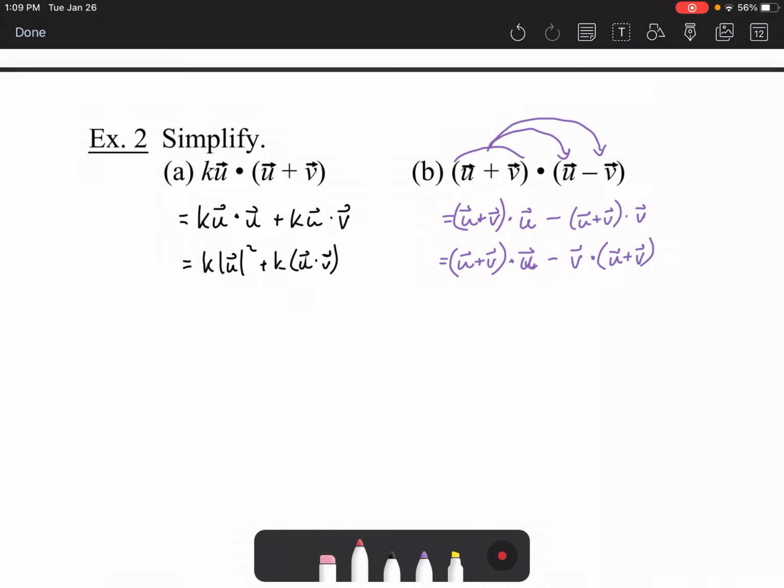From here I can distribute again. Gonna do the same thing here, sorry. So we can get u dot u plus u dot v minus v dot u minus v dot v.